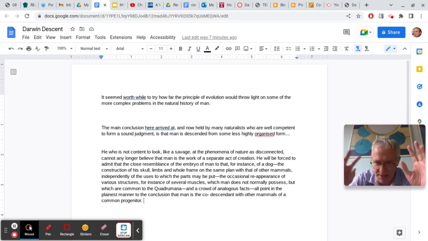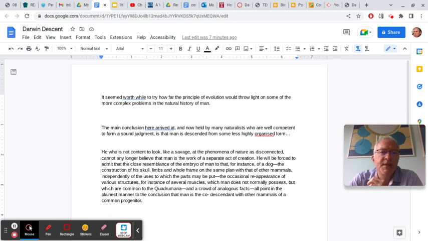That is somebody who doesn't have the modern scientific worldview that sees that nature works according to certain natural laws, which are exceptionless, right? Cannot any longer believe that man is the work of a separate act of creation. That is, the notion that human beings have always existed on the earth and they've always existed in this form is now just an unsupportable idea, according to Darwin.